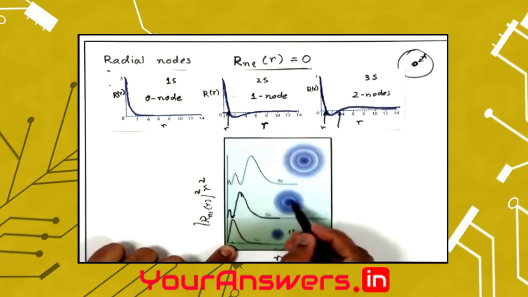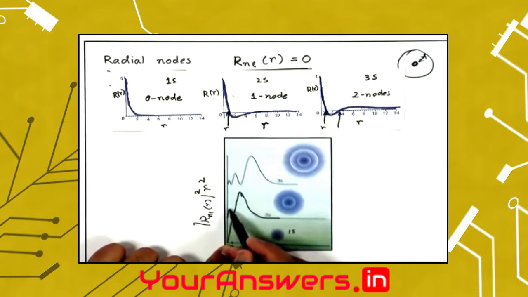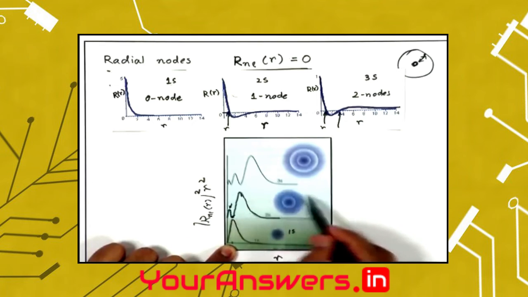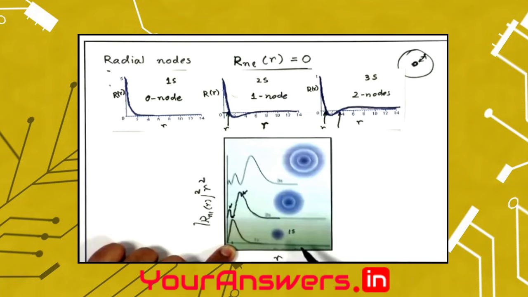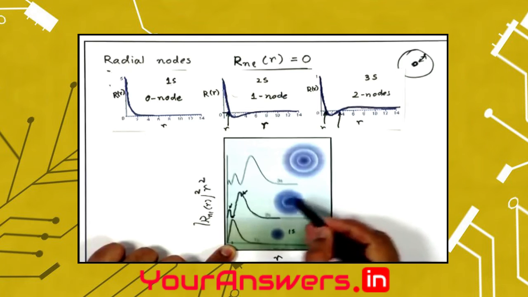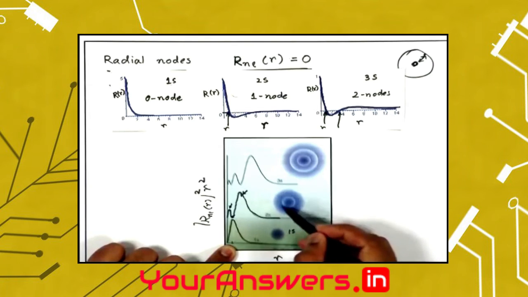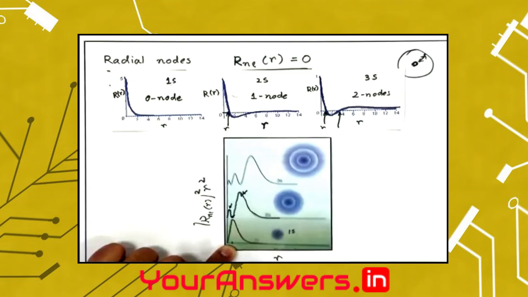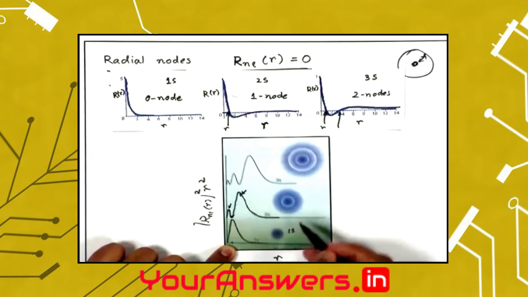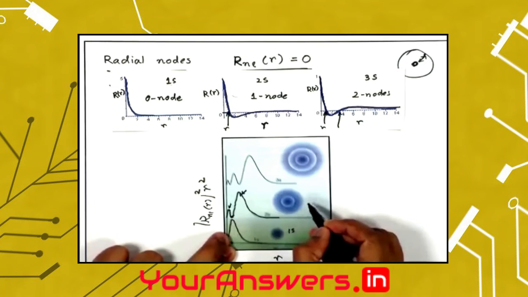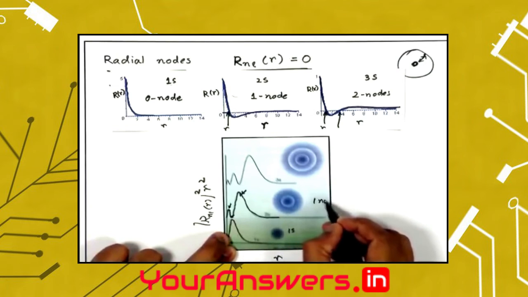This central sphere identifies this region, and the sphere beyond that, the second sphere, is due to this probability distribution. And in between the two spheres, there is a region where the electron is not found, and that is called a node. So, the white region that you see in this picture is a radial node. So, this is in 2s. So, you have got one node.